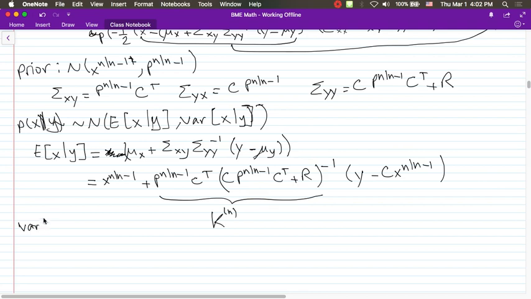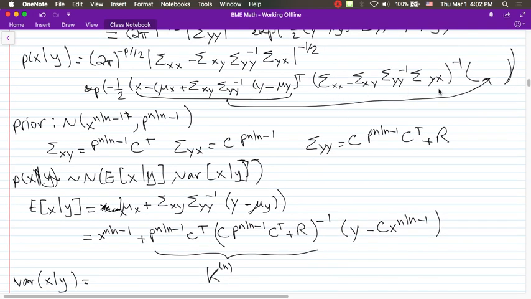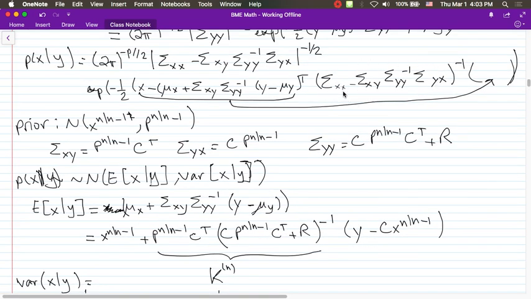What's the variance of the conditional distribution? It's this term here, inverse. Let's write the variance: sigma xx minus sigma xy sigma yy inverse sigma yx. That's the variance of x given y, because that's what we're inverting in our exponential.